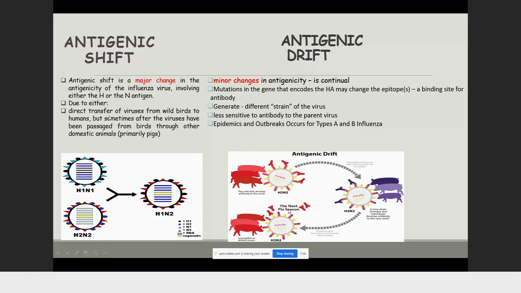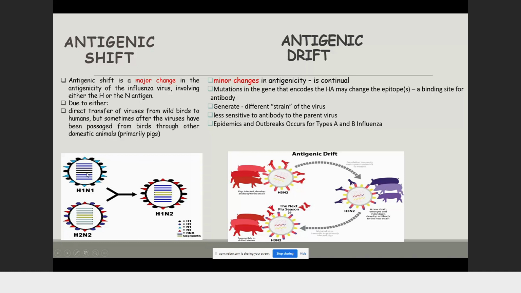Whereas on the other hand, the antigenic shift is a major change in the orientation of these segments. The prerequisite for this antigenic shift to occur is that you must have two different strains of AI where co-infection happens in one host.